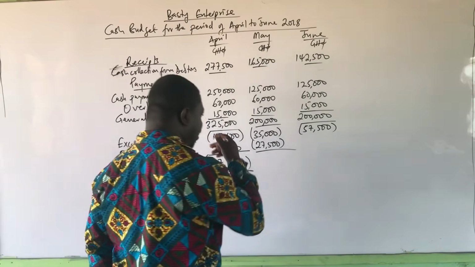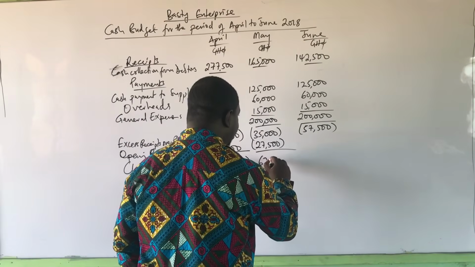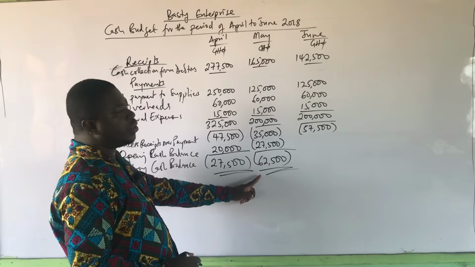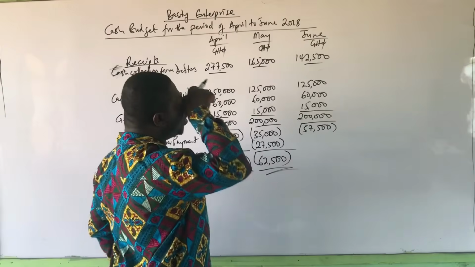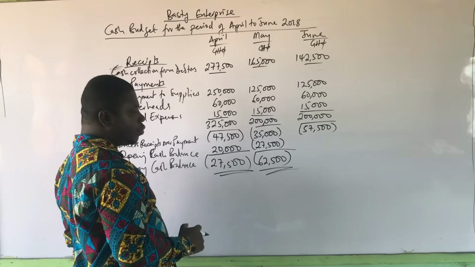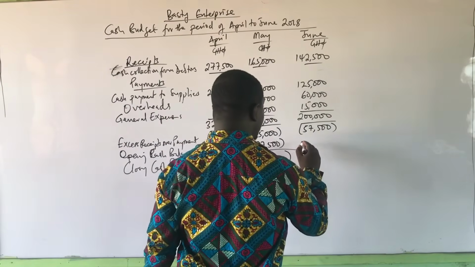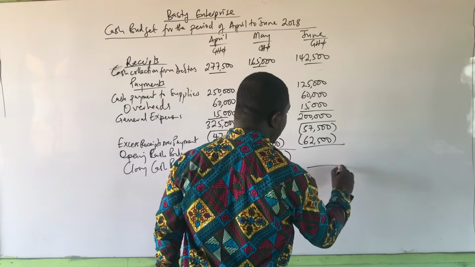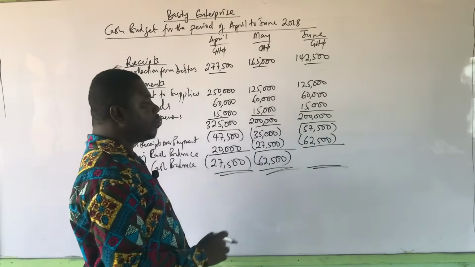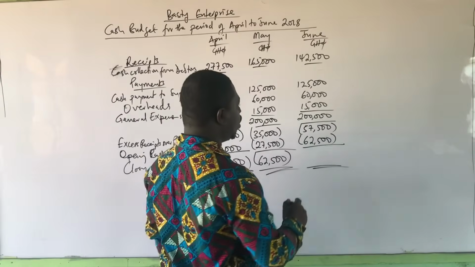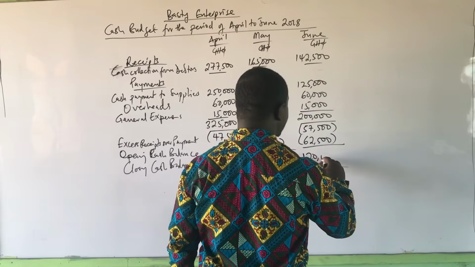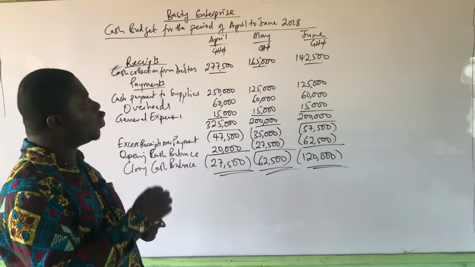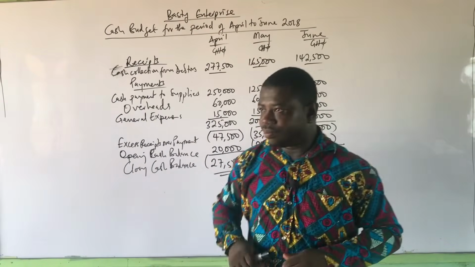So when we add that, we are going to have 62,500 also as a negative balance. And that is the closing balance for May. It will become the opening balance for June. And so when we come to June, we are going to put here 62,500 also in brackets. And that is going to give us the closing balance for June, which is going to be 120,000 also in brackets. So this is how to prepare the cash budget.